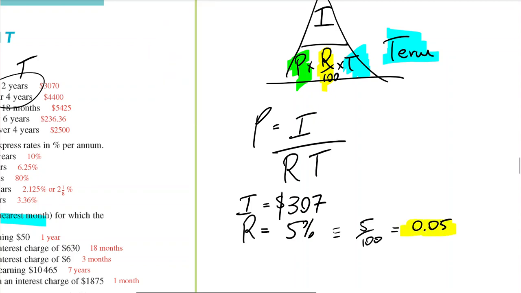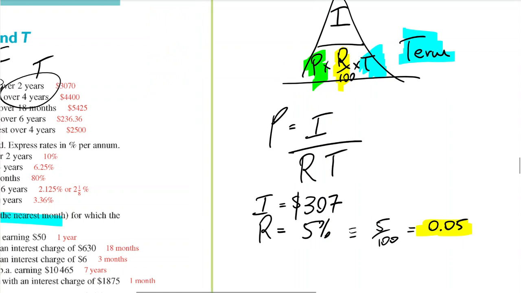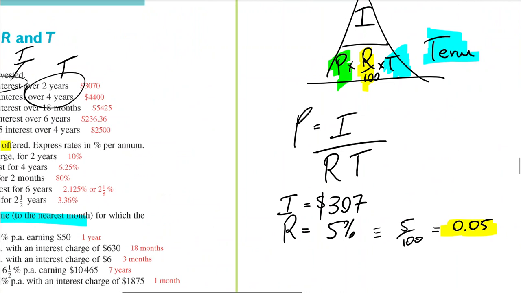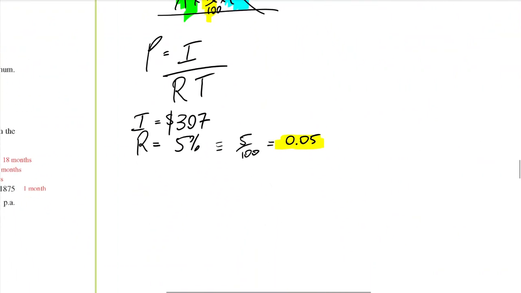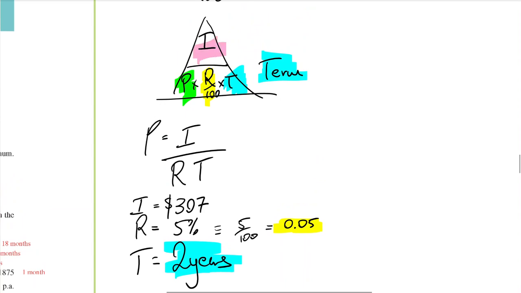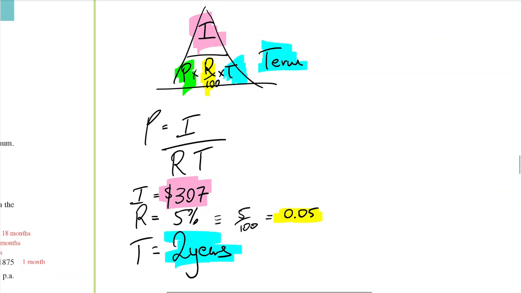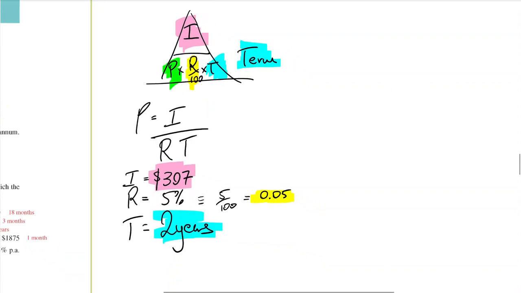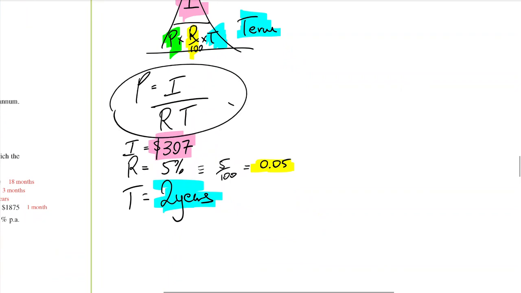We've got the interest, that's 307, and we have the term, 2 years. So we write T, 2 years. Once you have all the values, you can then just plug it into this formula here.